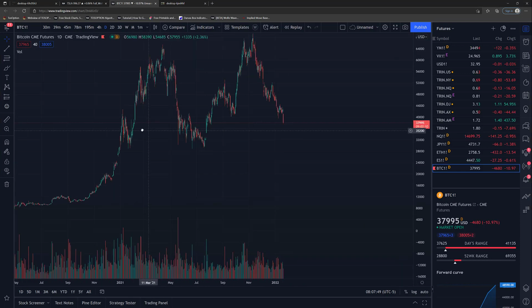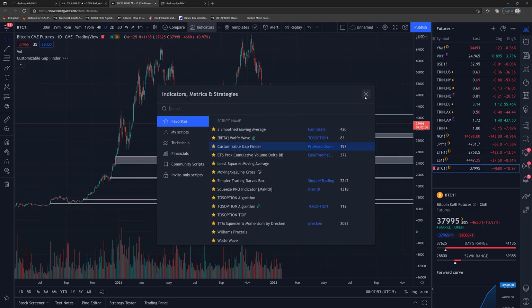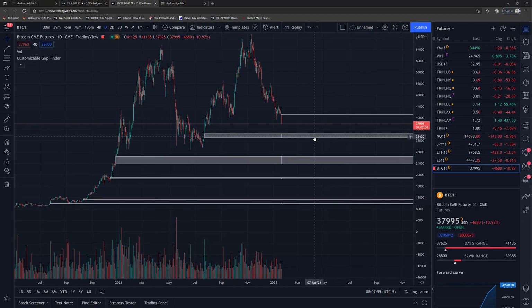These futures gaps, it's really brutal. Right there. And then I left a little one here. Not good. So futures, continuous contracts, and you can see all these gaps. And I think Bitcoin is going to go all the way down to 12,000.